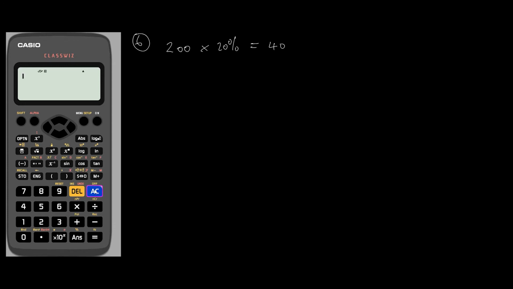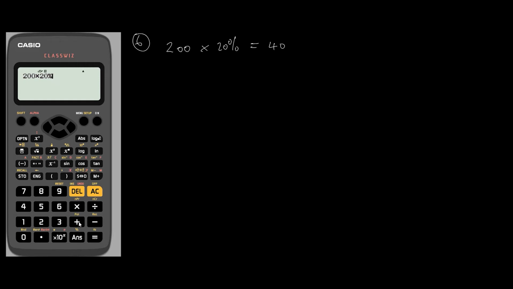Okay, so we're going to clear the decks. We're going to type in our first number, 200. We're then going to hit times. Then we're going to hit 20, and then we're going to hit percent, and percent is down there, so we need to go for shift, answer, and the yellow one appears, of course, if you hit the shift button.